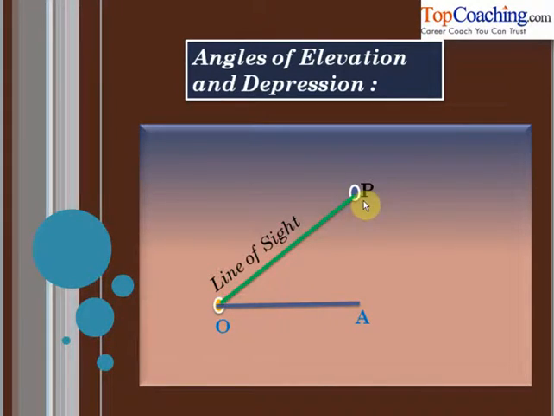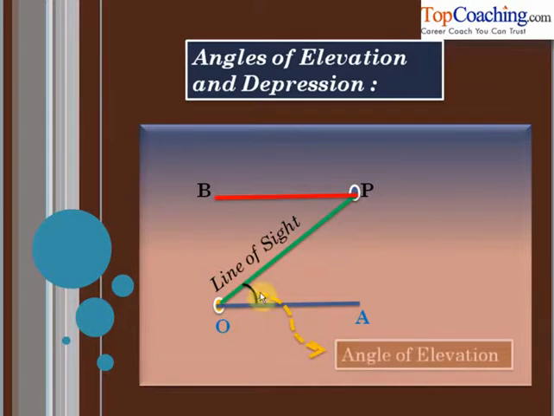Now if we say that O is the point of observation now and P refers to the eye of viewer, the line parallel to the surface of Earth and passing through P would be the horizontal ray. Now we see that this represents the angle of elevation, because for this case P is a point that is above the horizontal, and so the angle made by the line of sight and the horizontal ray is the angle of elevation.